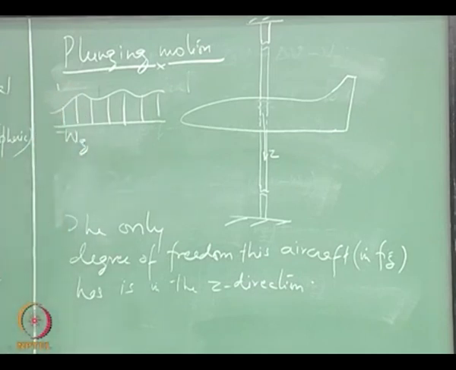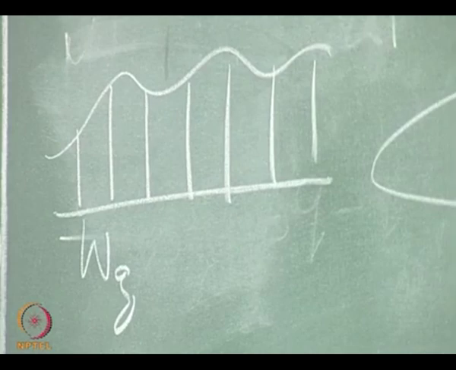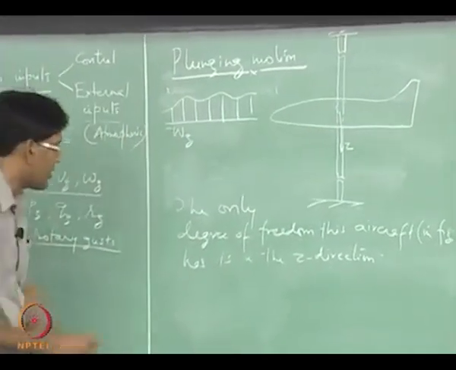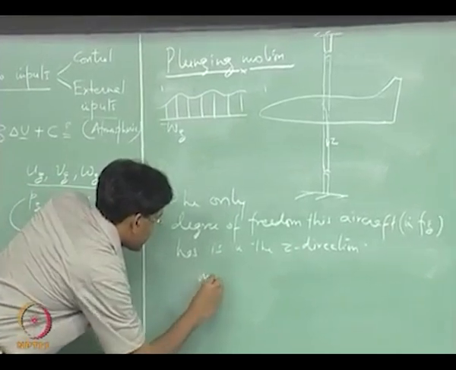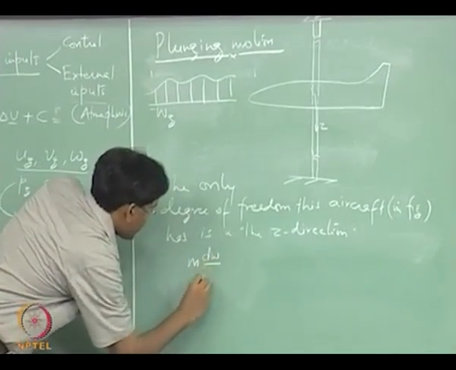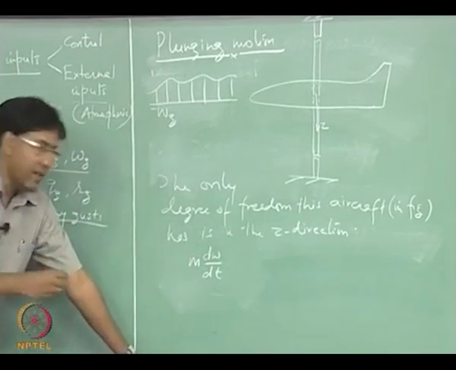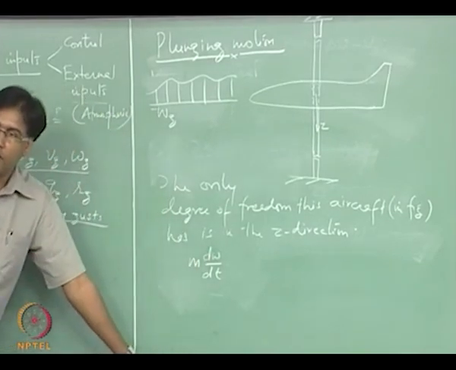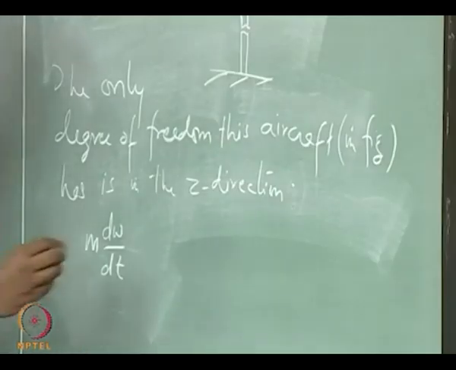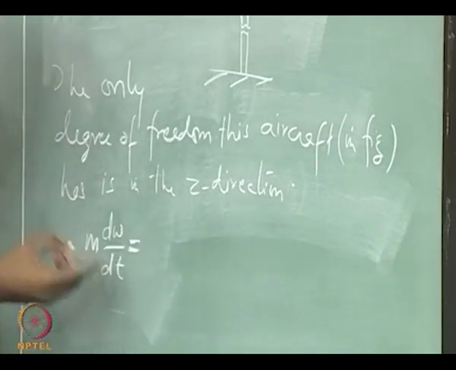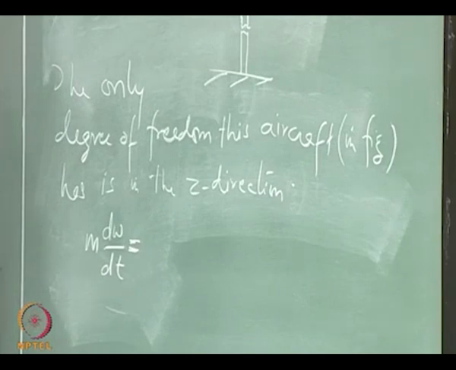So, let us try to look at the motion of the aircraft along z direction, right. So, writing down the equations for the motion is m into dw over dt. This w is the velocity in the z direction, and that is going to be equal to this acceleration is coming because of the aerodynamic forces, right, and the weight of the aircraft.